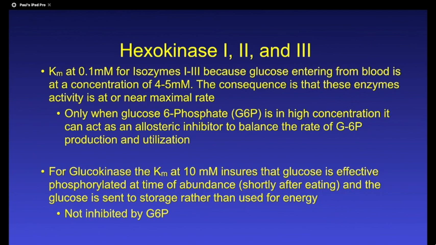But if it doesn't go down the pathway, that's why it comes back in and signals, hey, slow down, you're getting too much, I can't go down the pathway. Glucokinase is not inhibited by glucose-6-phosphate. We really never get glucose-6-phosphate up to the level, but that's one difference in the shape and the function between those two enzymes.